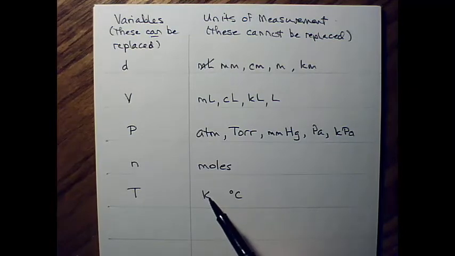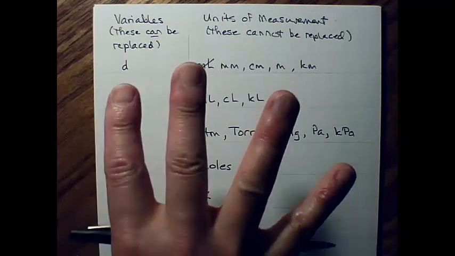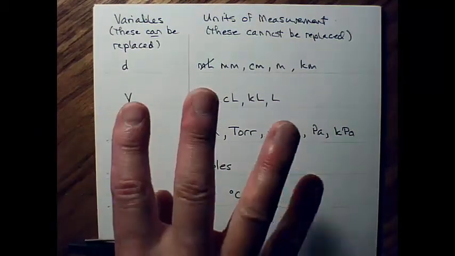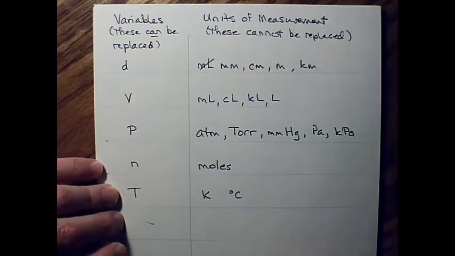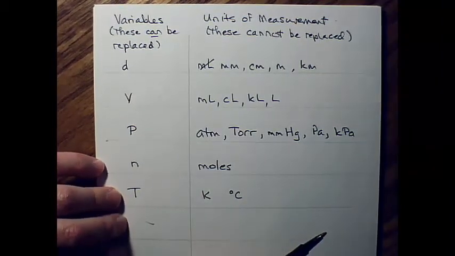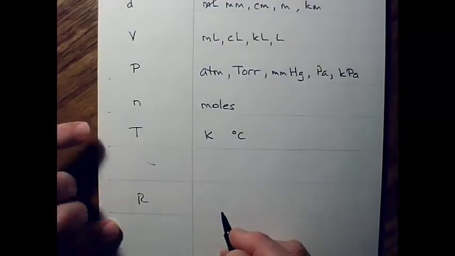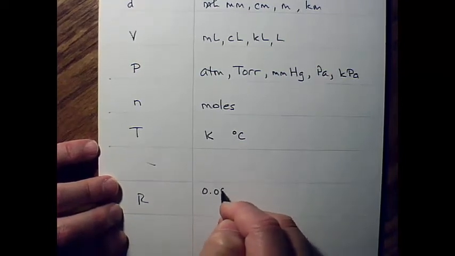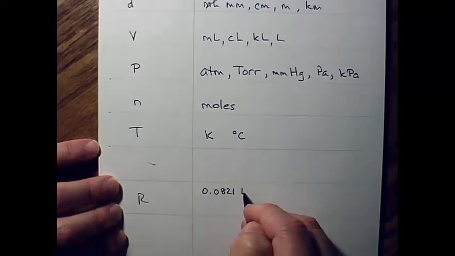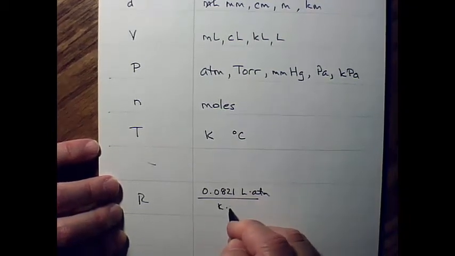What's in the ideal gas constant is 4 different units of measurement, and you can't change them around. You have to keep those 4 units of measurement, because they allow you to actually cancel out units for the calculations. Any questions about that? So R, there's a lot of different versions of R, we said. The one that includes atmospheres is 0.0821 liters times atmospheres over Kelvin times moles.